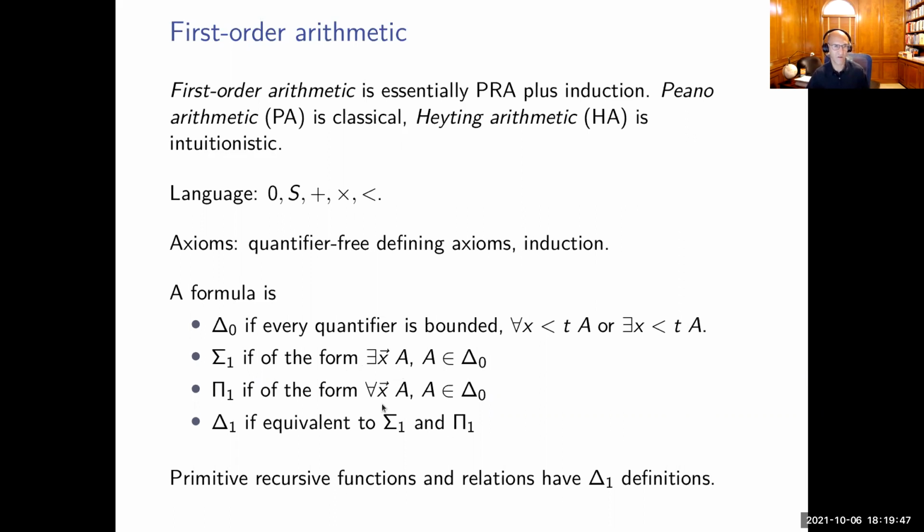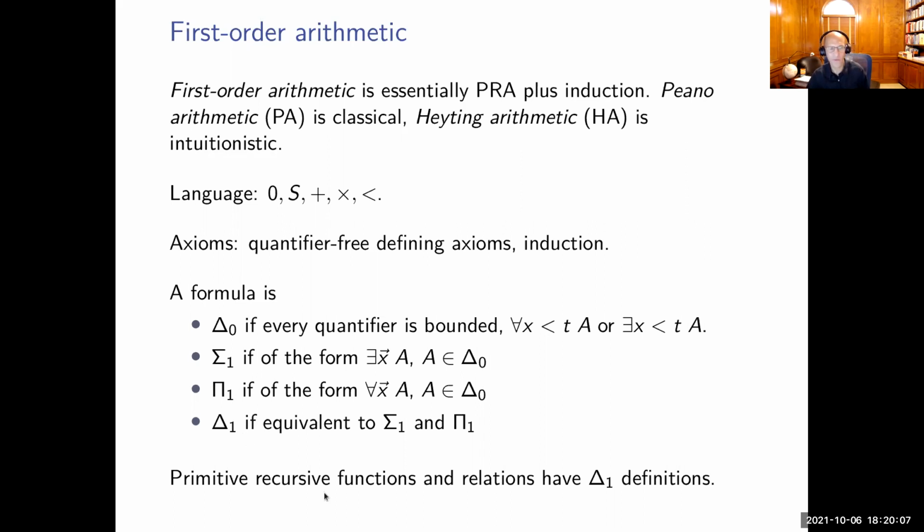Pi-1 formulas make universal statements, and delta-1 are the things that are both. We'll get to this soon, but in terms of computability, the sigma-1 definable properties are the ones that are computably enumerable, the pi-1 are co-computably enumerable, and the delta-1 are computable.